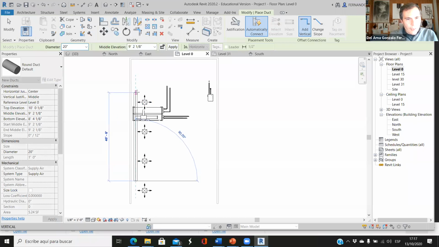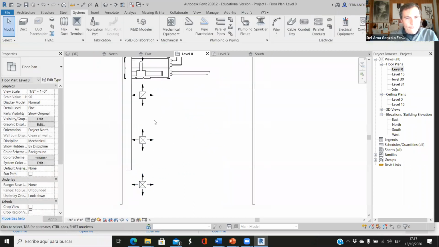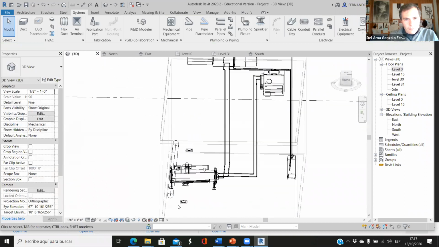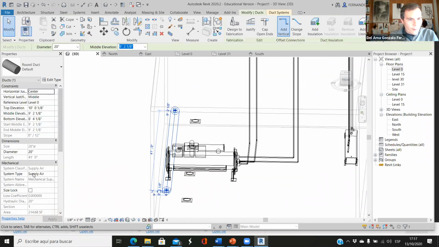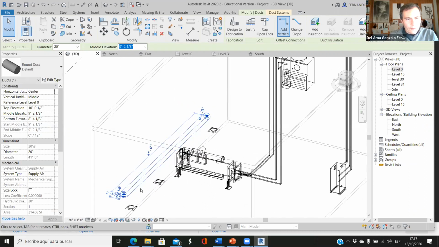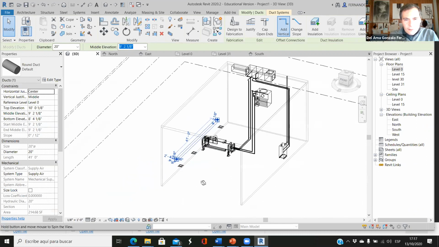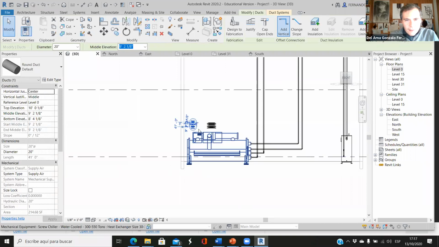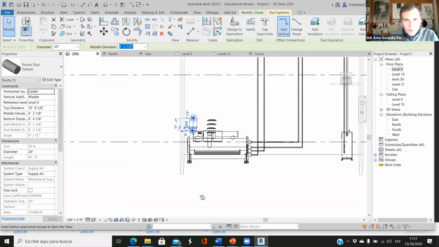So now we have to go this way. By the way, we have to make sure that this is supply air, it's not return, because now we are going to connect supply ducts to supply. Oh, but the elevation, I think it's too low. So the duct cannot be below the diffuser level.